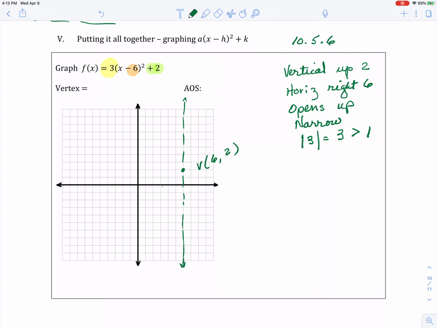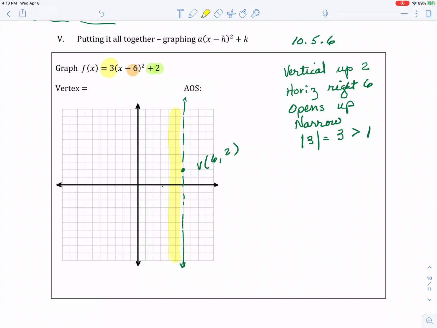And generally what I tell students to do at this point, because we need another point to get the curvature of the parabola, is look somewhere just to the right of the axis of symmetry or somewhere just to the left of the axis of symmetry. So I think I will choose, if I choose something, right there.